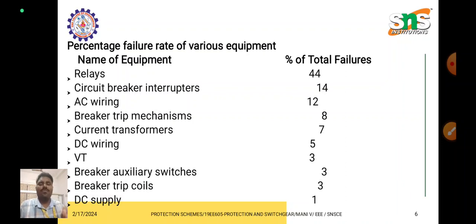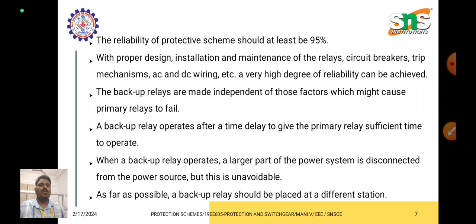Most of the failures occur in the relay, so we have to concentrate on the design, development, installation and maintenance of the protective relay in order to ensure reliability. The reliability should always be 95%. Proper designing, installation and maintenance of relays, circuit breakers, tripping mechanism and wiring should be achieved.